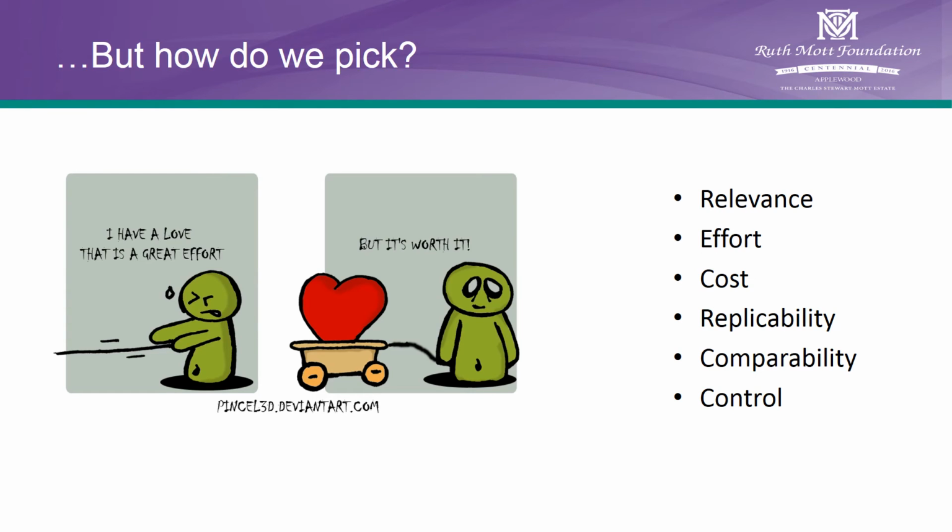And if it's not, what is another way you can go about it? Cost is always important. Don't just look at the upfront cost, but look at the ongoing cost of getting things done. Is it replicable, and can you compare it over time? And that's really important, especially if you want to see if you've had some sort of growth. And then the final thing is, what type of control do you have over the data source, and how important is that control?